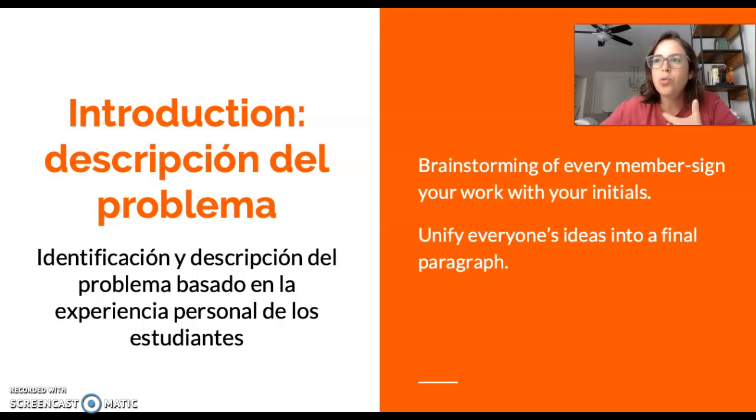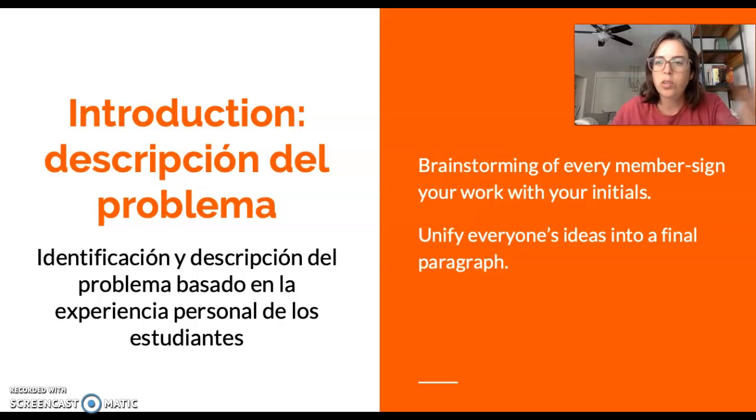I want this to be the routine and the work ethic for every part of the project. Why? Because I want to make sure that everyone has a voice and everyone introduces their own ideas first. And once we see everyone's input, then we unify all of the ideas into a final paragraph for that section.